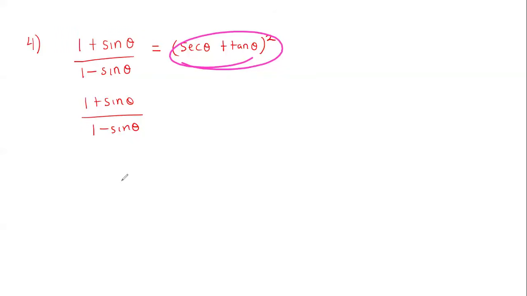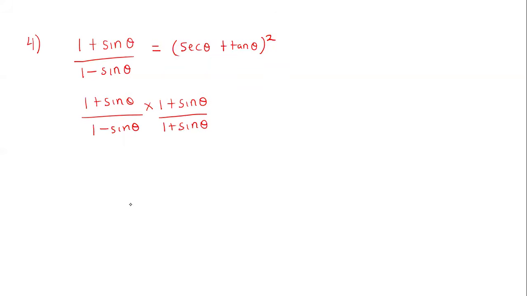Now here I am going to rationalize such that this thing I have in the denominator goes away. So I'm going to rationalize by saying I multiply by 1 plus sine theta out of 1 plus sine of theta. Members, I have not changed anything in the equation because these two can easily cancel and I remain with the same thing.